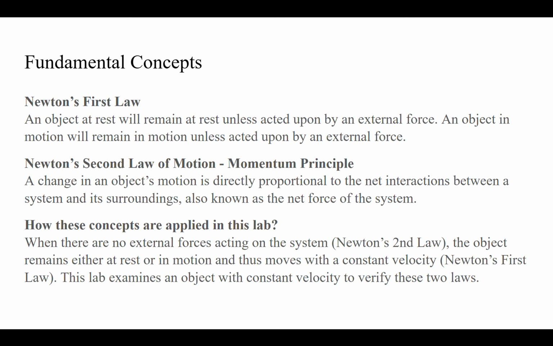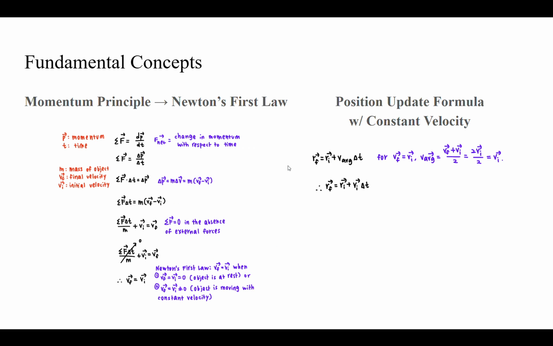So the lab examines an object with a constant velocity to verify these two laws, and this is the equation for each of the principles. For the momentum principle, the net force equals the change in momentum with respect to time.